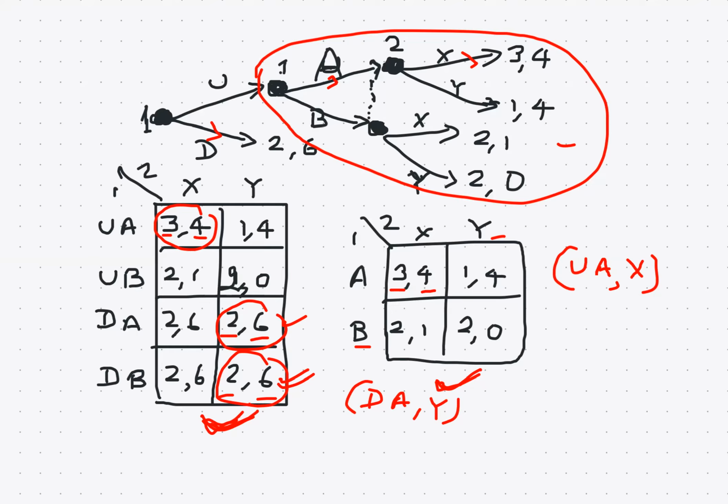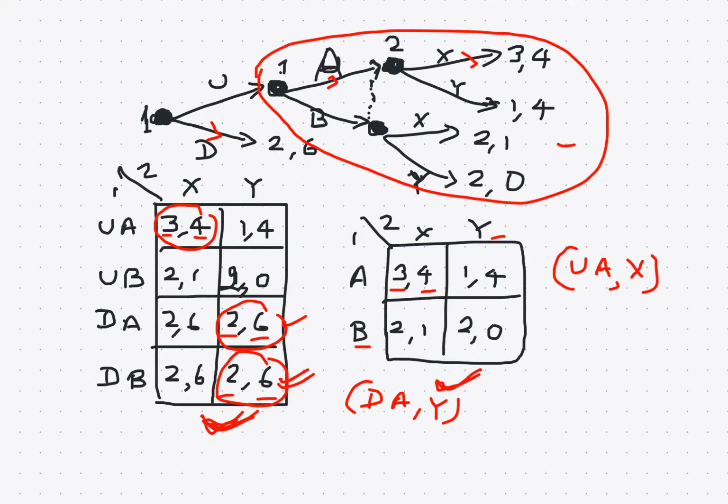So there are a couple of things worth pointing out here. First, a subgame perfect equilibrium is a Nash equilibrium, because such a profile must specify a Nash equilibrium in every subgame, one of which is the entire game.